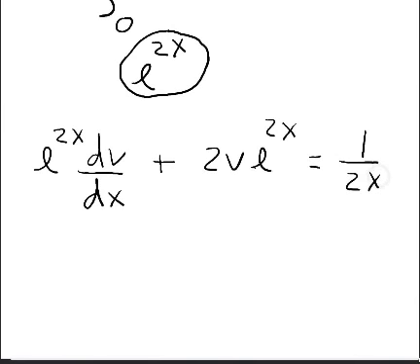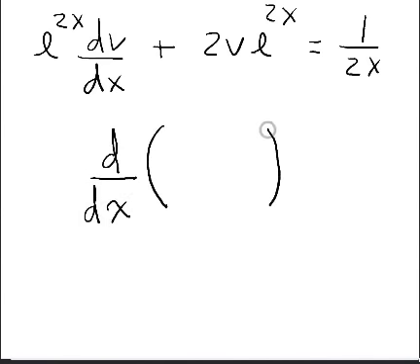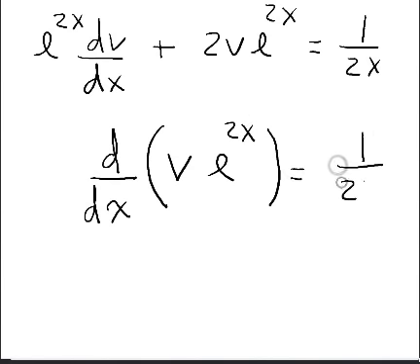As it always works out, what you're looking at here is the derivative of the function v times e to the 2x. You can see that it has to be equal to 1 over 2x.